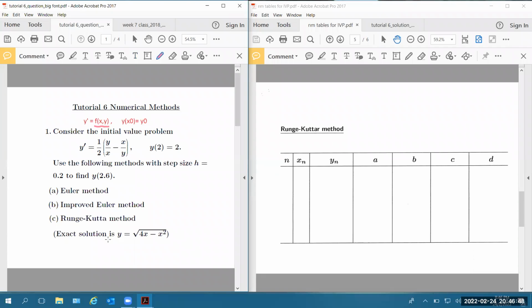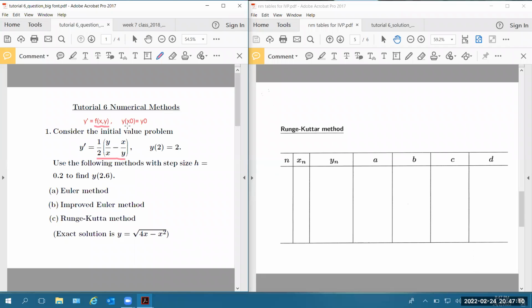Tell me. Hey, class, you're still here or not? Yeah, it's 1/2 y over x minus x over y. Yeah, it is given. So it's this one, right? So your function, everyone very clear, right?